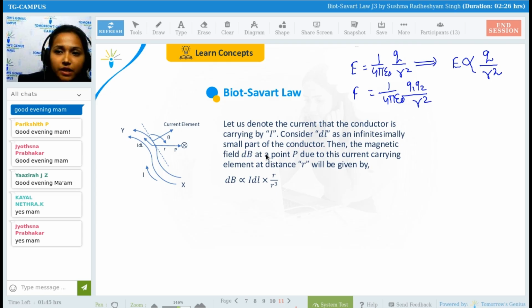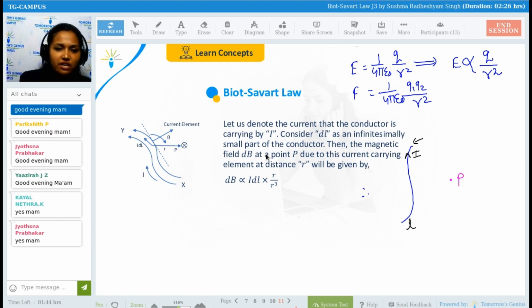Magnetic field. So if I say this is my conducting wire, and this is an infinite conducting wire, I don't know what the total length of this wire is. So let I be the current and L be the length of the conducting wire. I want to find the magnetic field at point P.